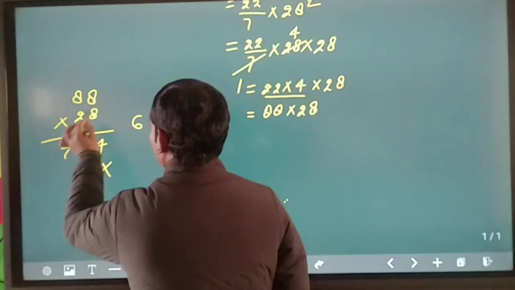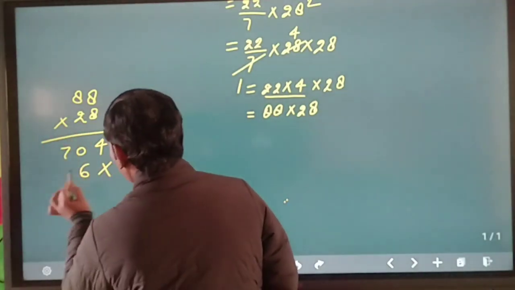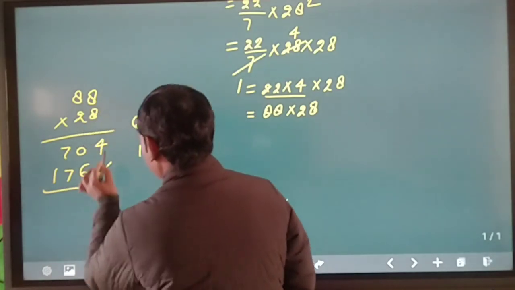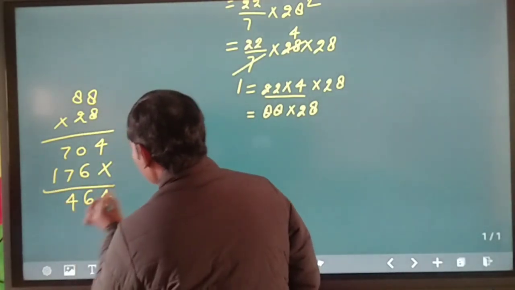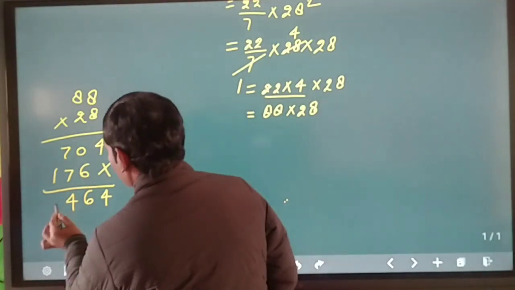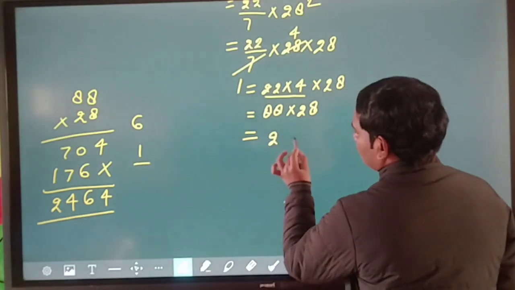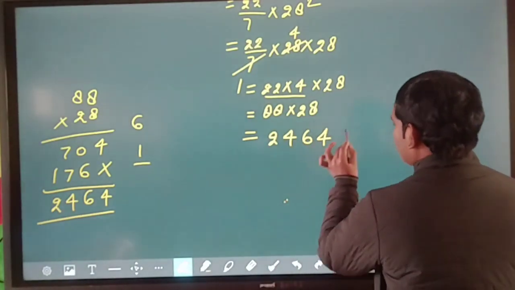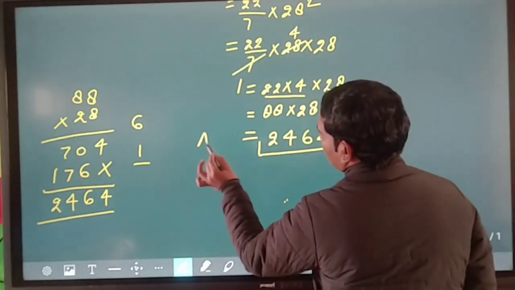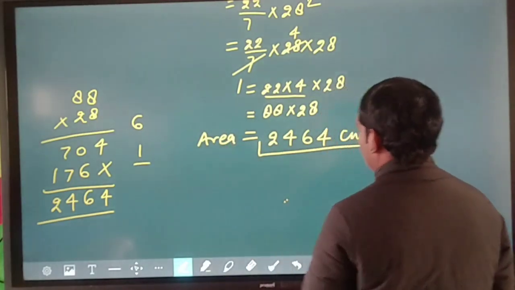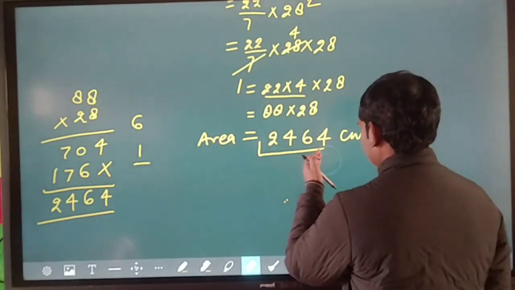Again 2 times 8 is 16, and 2 times 8 is 16 plus 1 is 17. Now add: 4, 6, 7 plus 7 is 14, carry 1, and 1 plus 1 is 2. So here we get 2464 centimeter square, which is the area of circle.